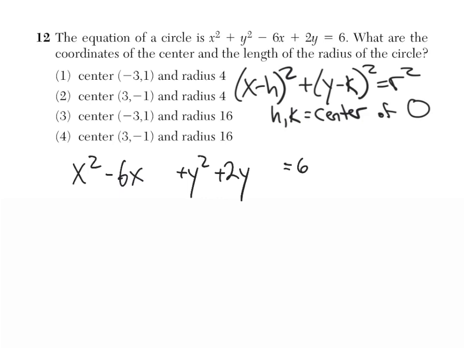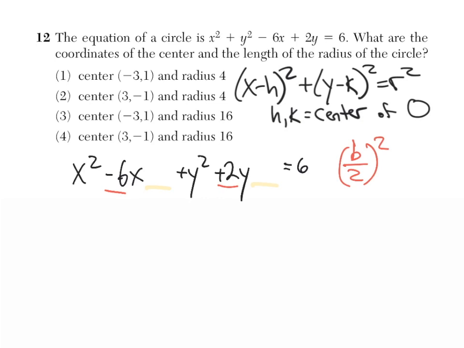All right, so we need to complete the square. And to do that, we need to figure out what c is. And we remember that to determine what c is, it's going to be (b divided by 2) squared. And in this case, b is negative 6 and positive 2. So let's see.